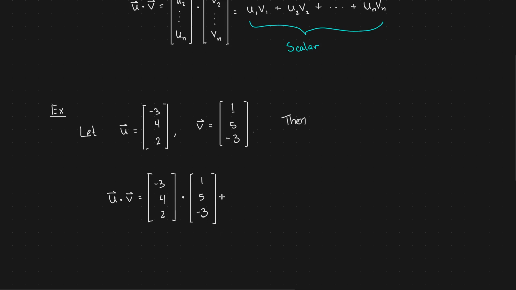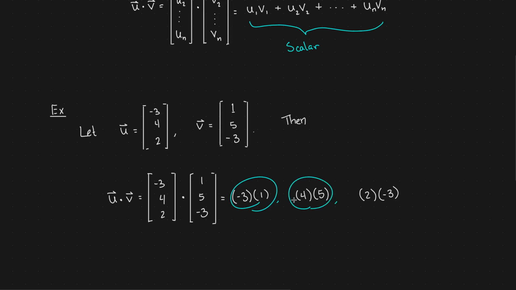Okay, so all I'm going to do is multiply corresponding components. So first component of u times first component of v, and second component of u times second component of v, and third component of u times third component of v, and then add them together. Very frequently, I get students who try to put commas here and say, hey, we've got a vector.